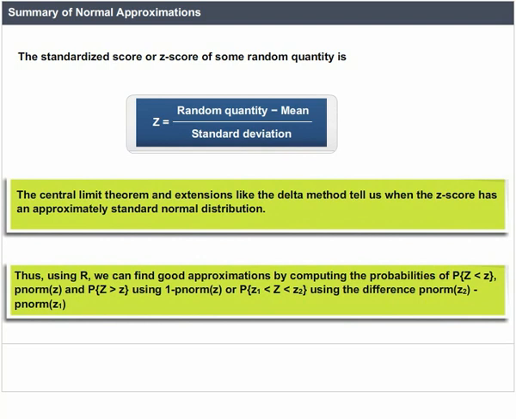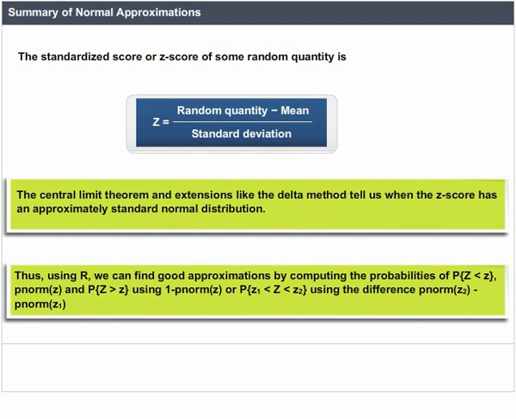Thus, using R, we can find good approximations by computing the probability of Z less than z using pnorm(z), the probability of Z greater than z using 1 minus pnorm(z), or the probability of z1 less than Z less than z2 using the difference pnorm(z2) minus pnorm(z1).